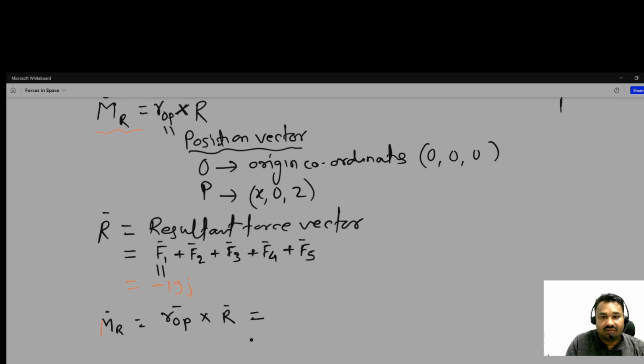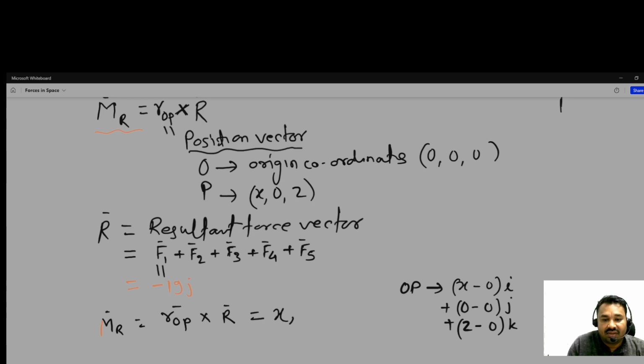So ROP is equal to, means what will it be, OP here, OP, so x minus 0 I and plus 0 minus 0 J plus Z minus 0 K. Okay, so what we get, we get x I and z k, xi cap, z cap, and it is multiplied, means there is a cross product, and r is equal to what? It is minus 19j.